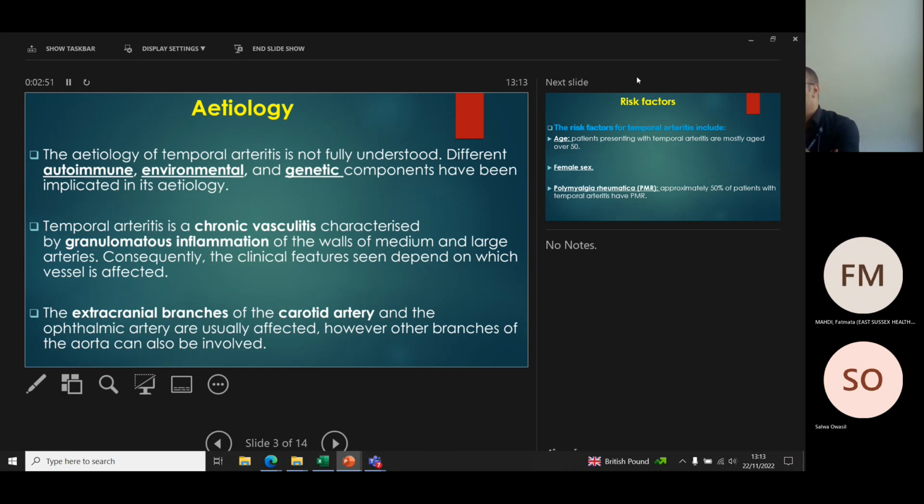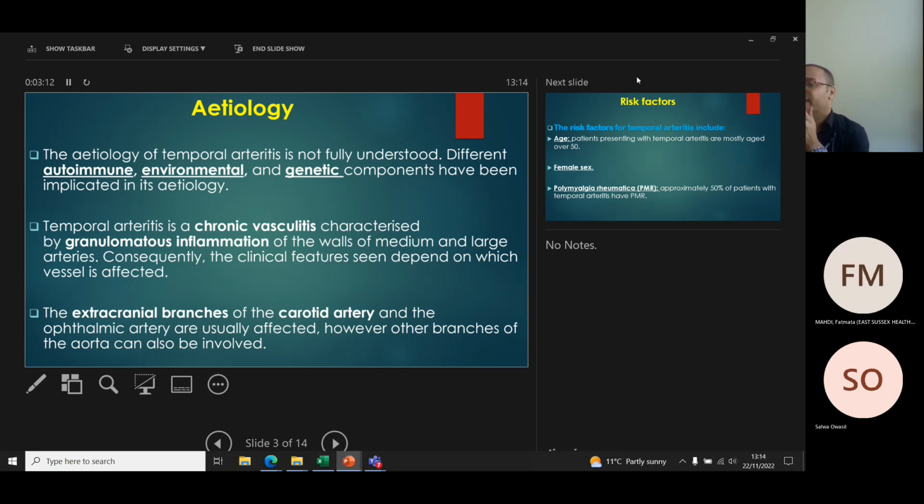What is the etiology of GCA? The etiology could be multifactorial. There is no specific or identified cause of giant cell arthritis, but it is thought to be autoimmune in nature, or maybe environmental and genetic predisposition could be a culprit as well.